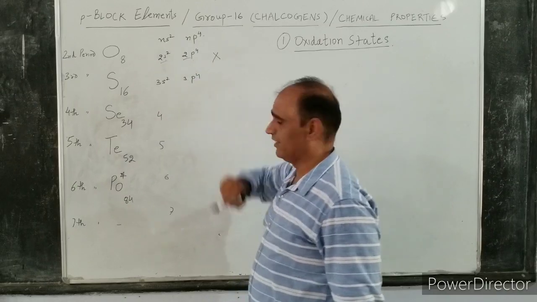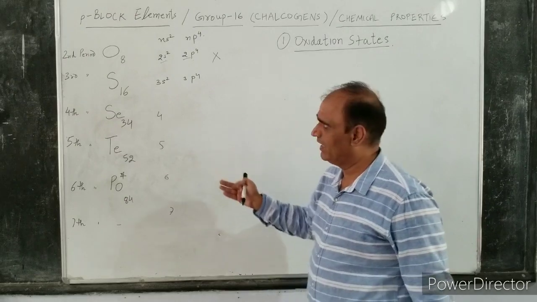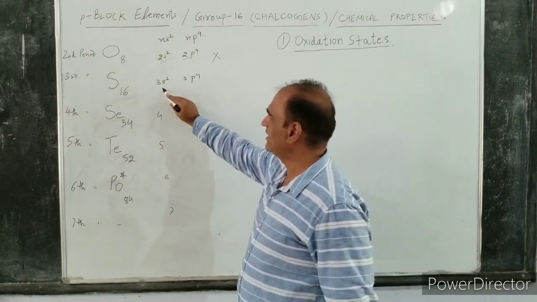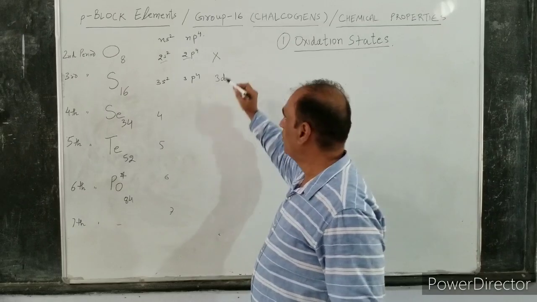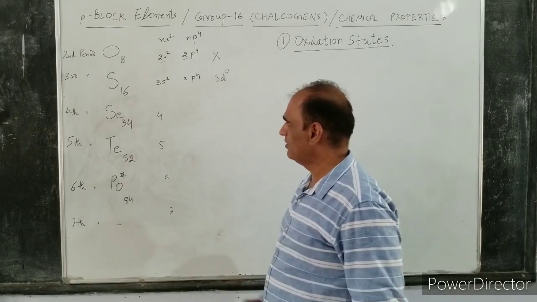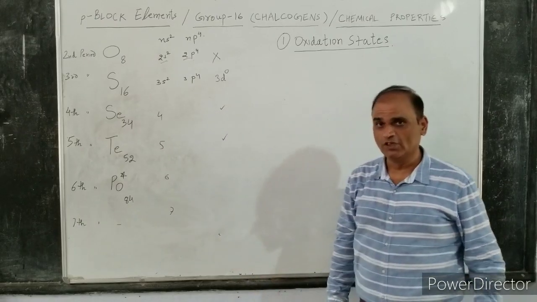D subshell is not there. But in other elements, in atoms of other elements like sulfur, 3s2, 3p4, but 3d subshell is also there. Of course, it is not having any electron. Similarly, here also, in all other cases.